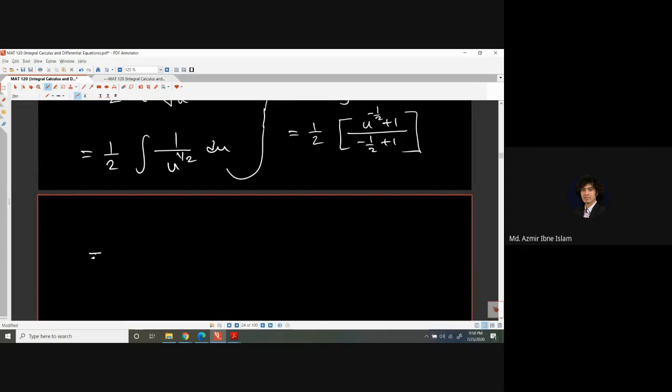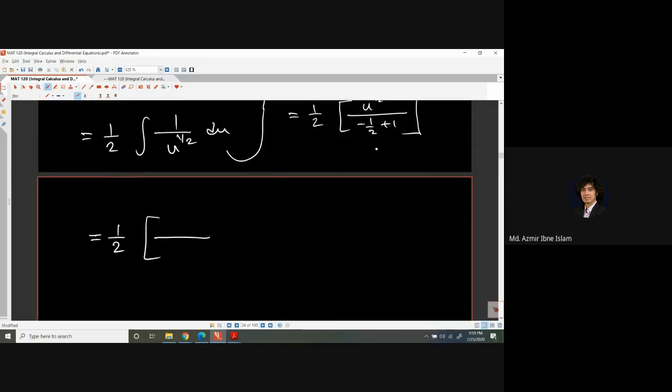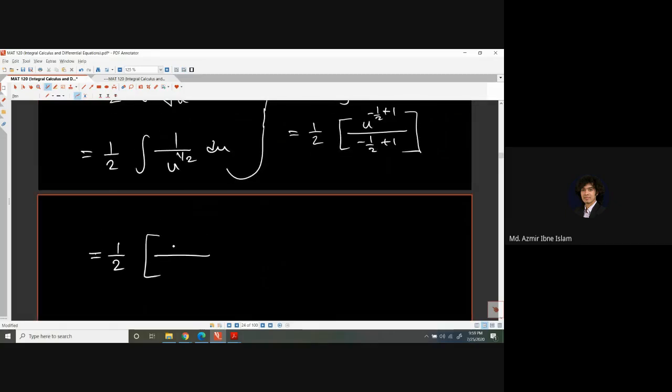So here 1 by 2, we can write it will be negative 1 by 2 plus 1. Okay, so here we have u to the power 1 by 2. That means negative 1 by 2 plus 1 is actually 1 by 2.